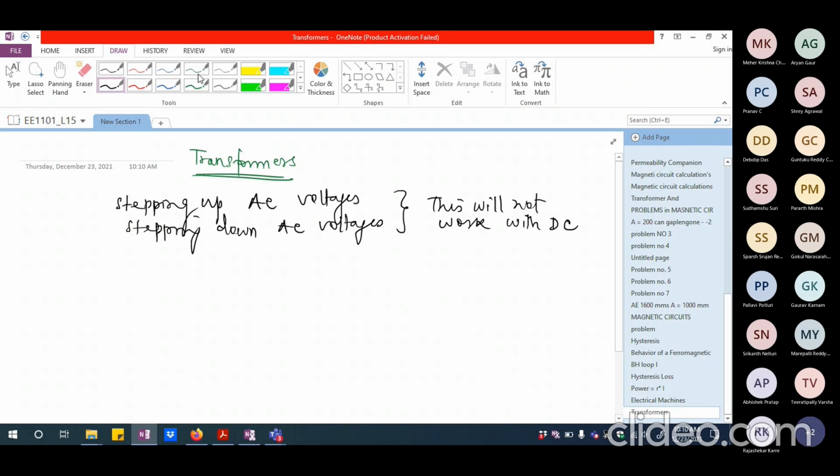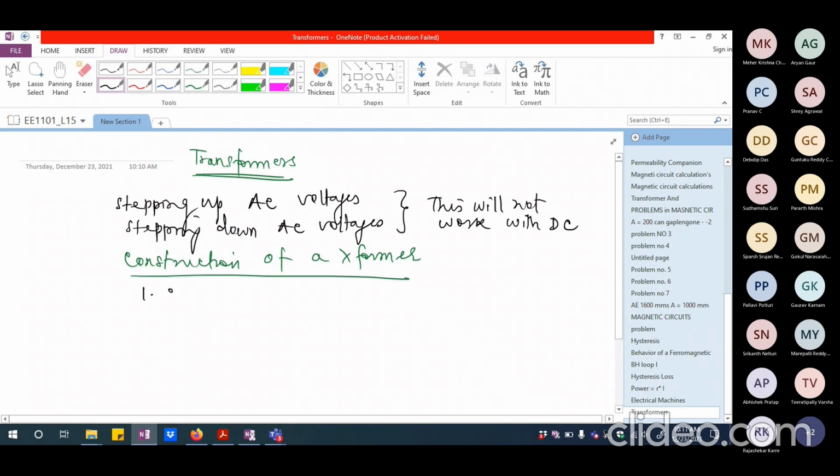When I look at the construction of a transformer, there are mainly two portions. One is the core, the second is the winding. These are the two major portions of a transformer.